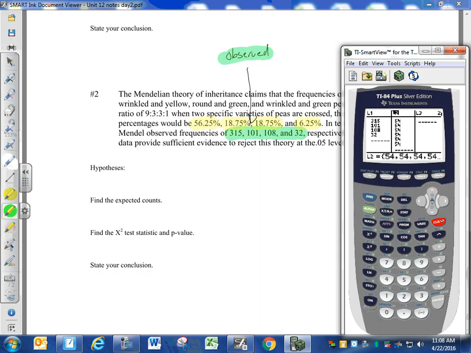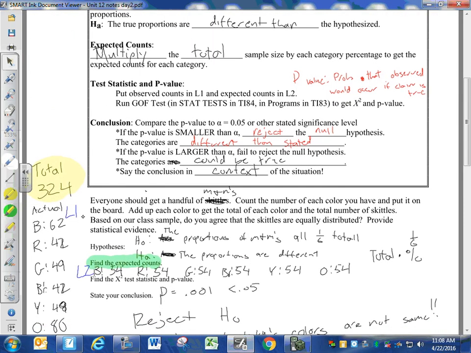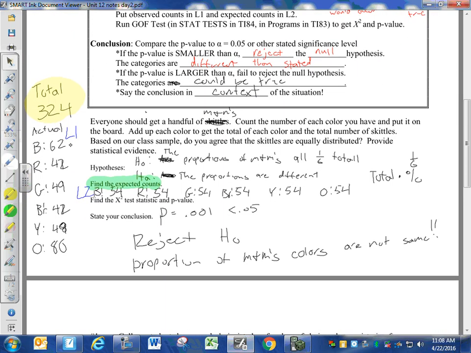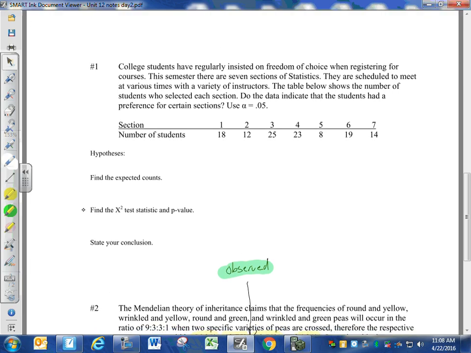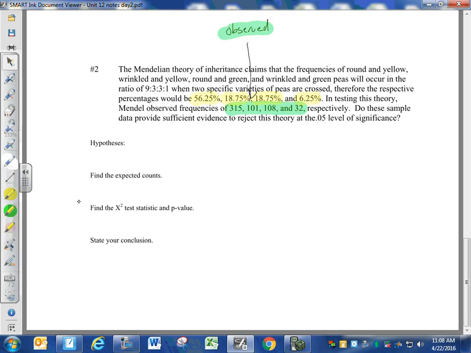Thank you, Miss Adams. Perfect. We got to figure out our total. We got to figure out how many total peas we have. And then once we found our total peas, we'll multiply them by the percentages. Just like in this problem, we found the total amount of M&Ms and we multiplied them by our percentages, okay? That's how you find your expected values.